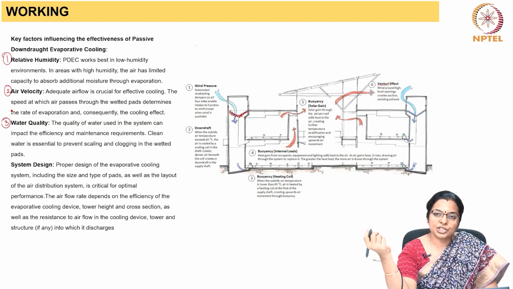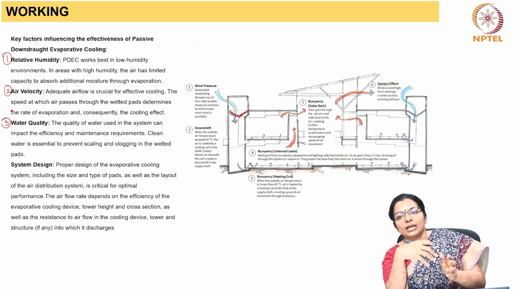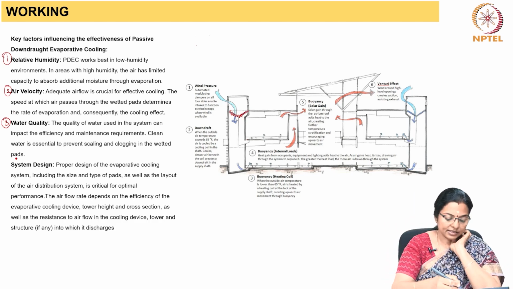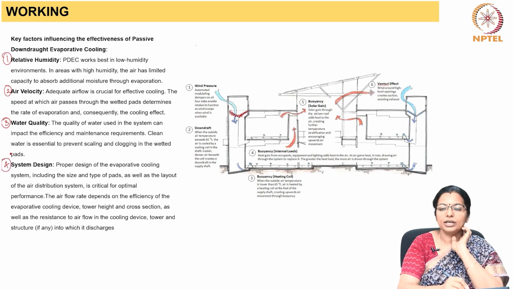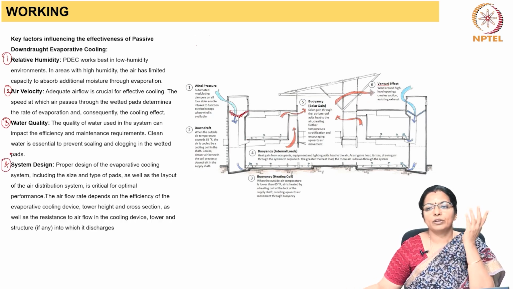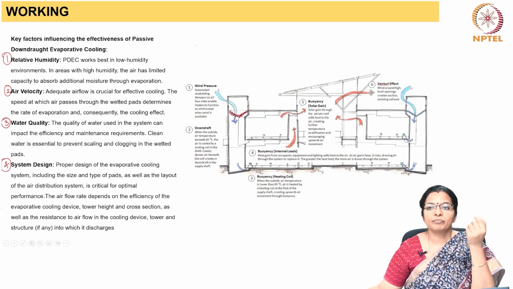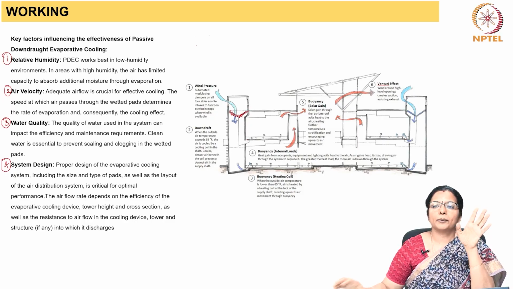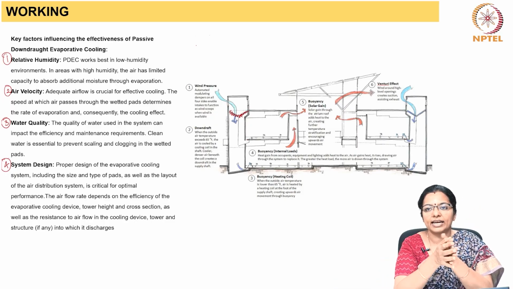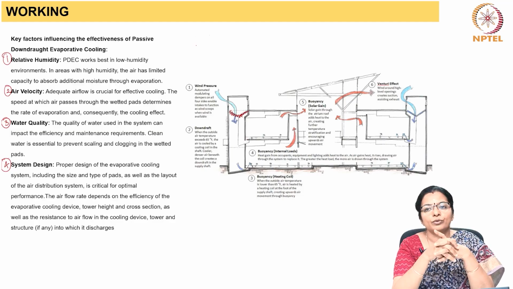Clean water is essential to prevent scaling and clogging of the wetted pads. The system design is important: proper design of the evaporative cooling system, including the size and type of pad, the source of the moisturizer, and the layout of the air distribution system, is critical for optimal performance.